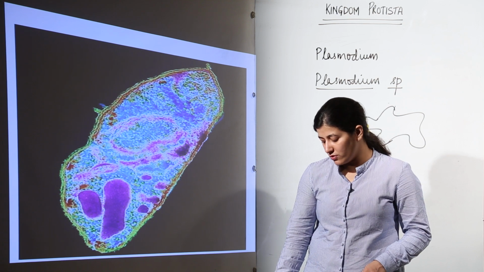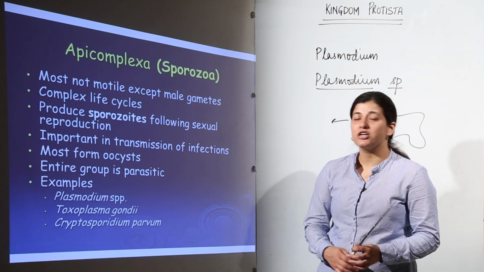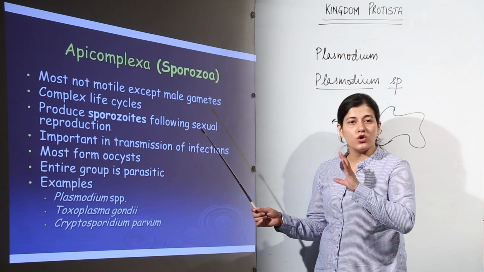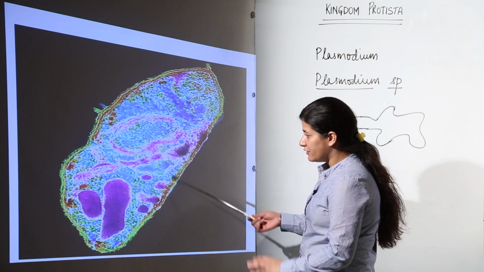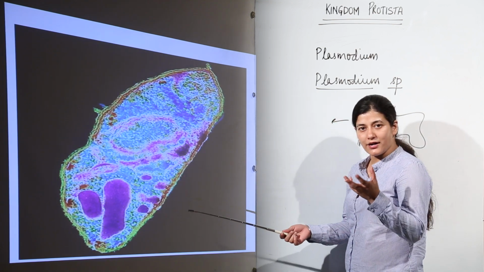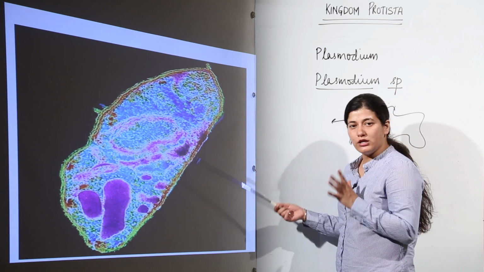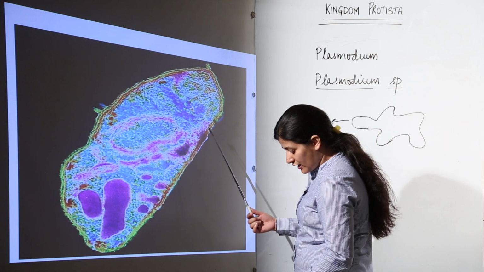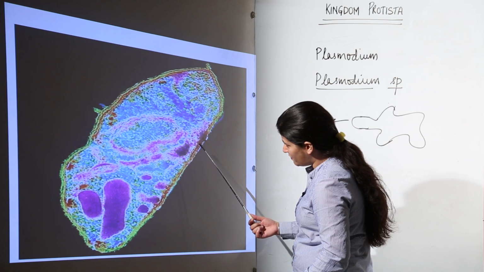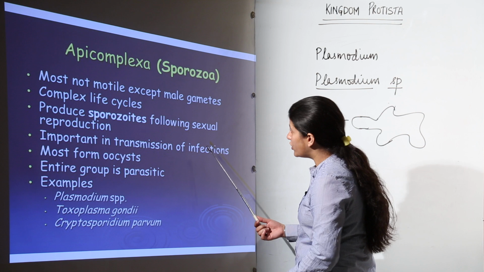Now when I talk about the malarial parasite, they are sporozoans, which do not have, as you can see over here, a locomotory organelle, whereas in the earlier pictures we saw that a locomotory organelle was present. Over here we are not seeing any locomotory organelle. This is a hand-drawn graphic, I guess, that has been used to depict the organism's body.